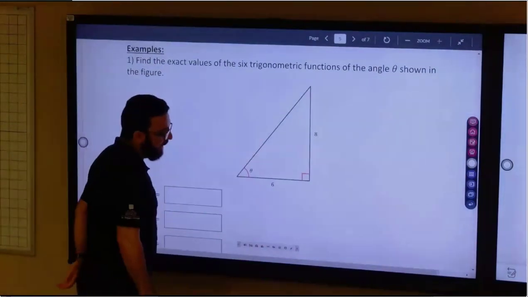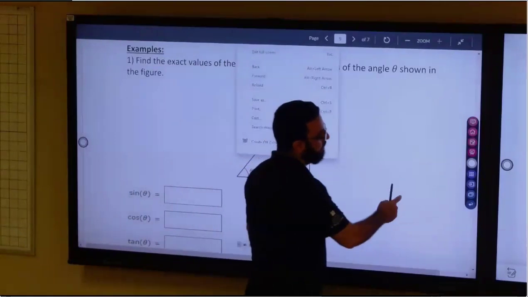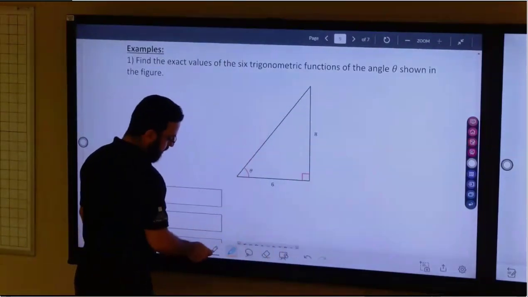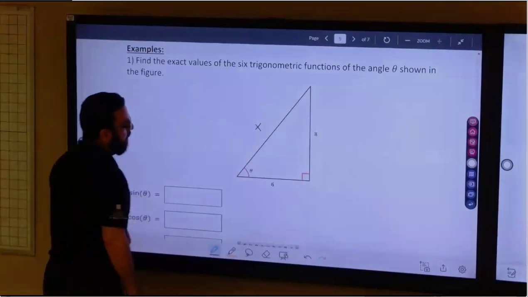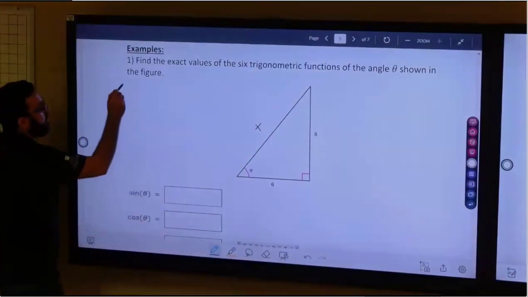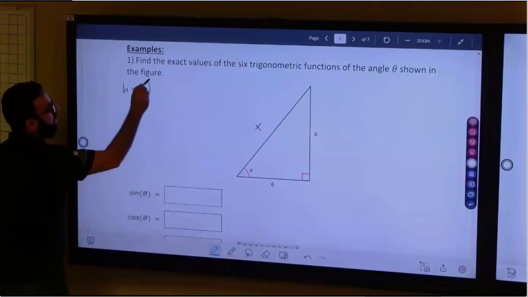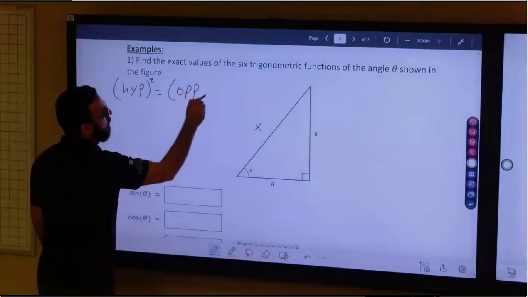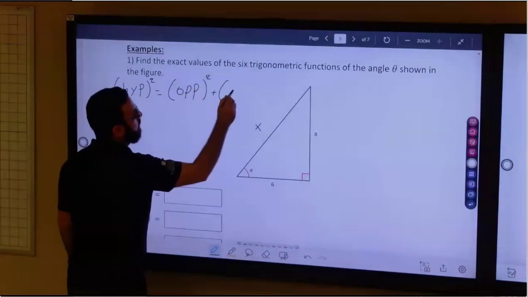I'm going to say the missing side is x. Here is the missing side, x. But the Pythagorean theorem is going to be: opposite squared plus 8 squared, plus 6 squared.